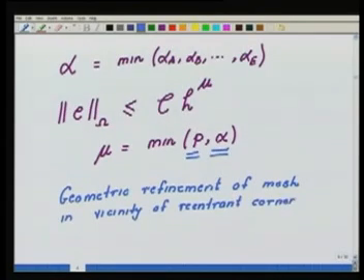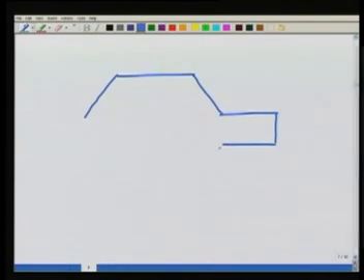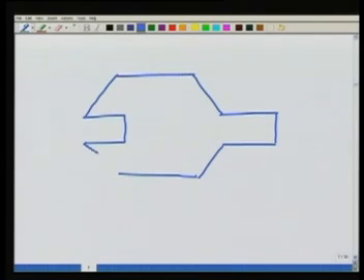Okay, so how do we do it? Let's go back to the domain that we have made. I will make this domain again. We had problem areas at these points.